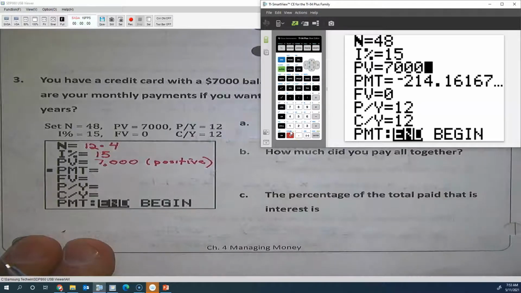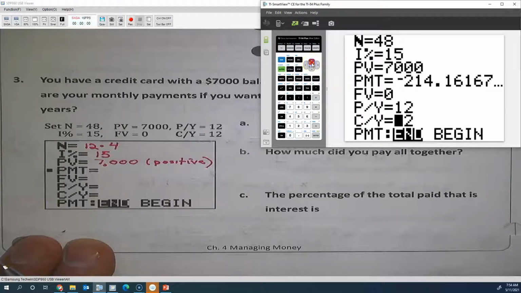Okay, just skip over the payment, because we'll come back to that. We want the future value to be 0, 12 payments a year, compounded 12 times a year.